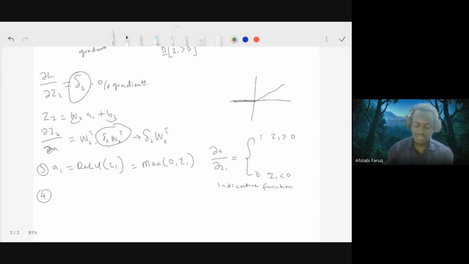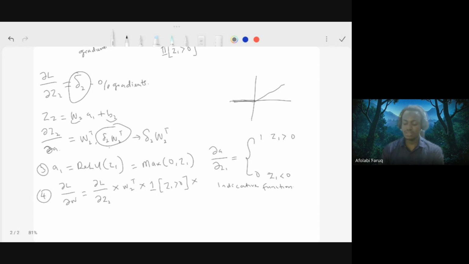Then we can now say ∂L/∂W equals ∂L/∂Z2, which is the gradient at the output layer, times W2 transpose, times the ReLU derivative, which is 1 where Z1 is greater than 0, and X transpose, right? So that is basically that.